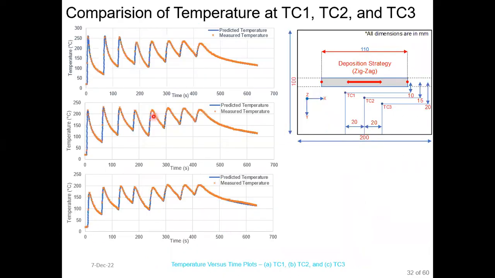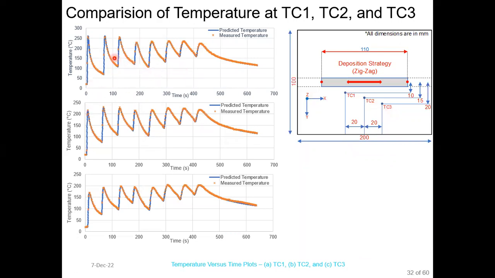So once we have the predicted temperature value from the model and the measured temperature value from the experiment, I intended to compare them at 3 different points, TC1, TC2, TC3, on which thermocouples were fixed.